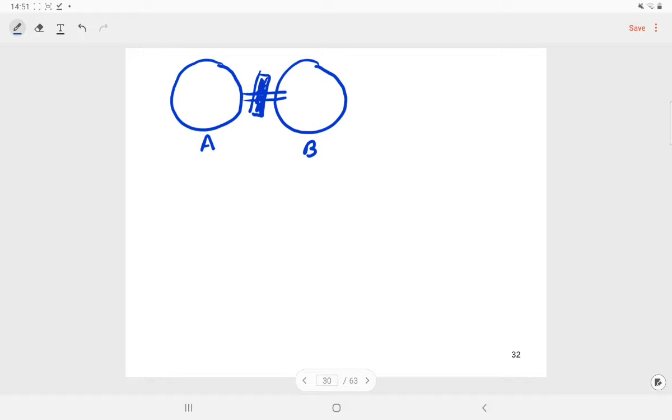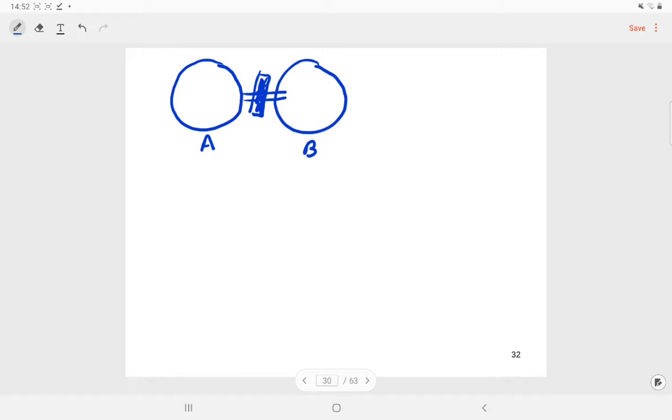But if I turn the valve off, I am going to separate the gases, so the gases in A just stay in A, and the gases in B remain in vessel B. Assume initially these two vessels are closed by a valve, so no mixing is allowed.